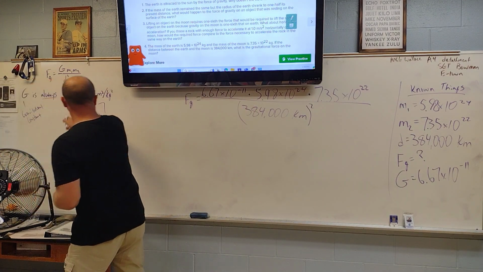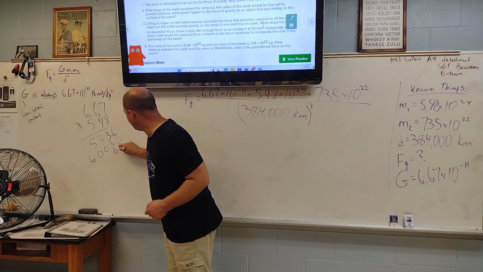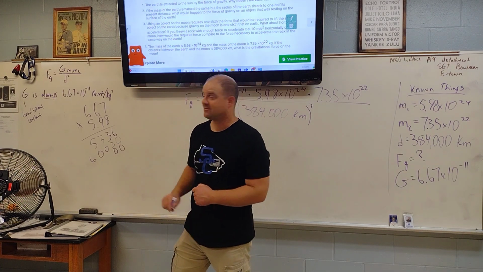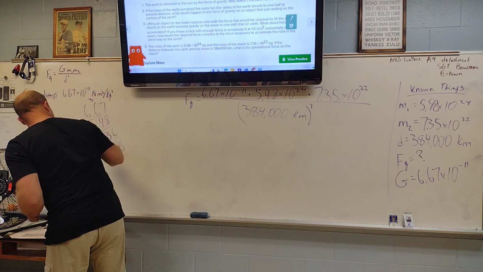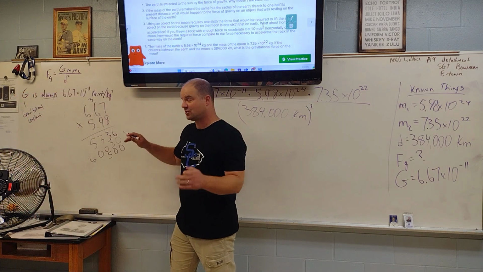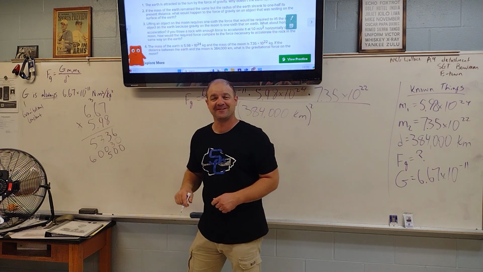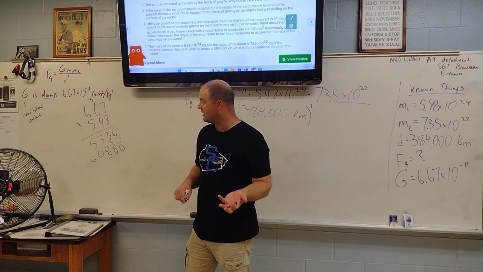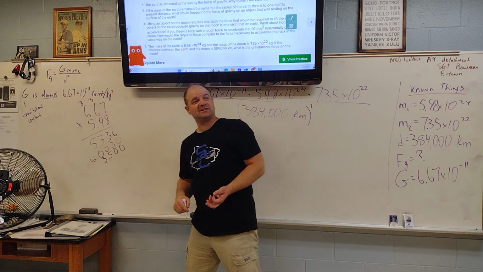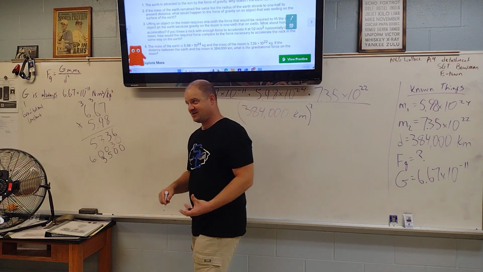Okay, reset up here. 2 placeholders now. 5 times 7, 35. Carry the 3. 5 times 6, 30 plus 3.